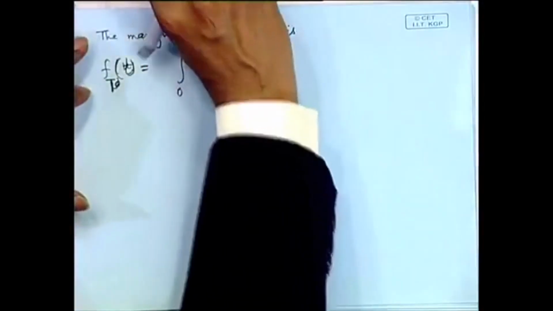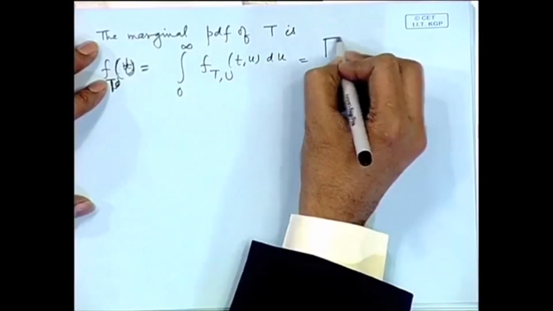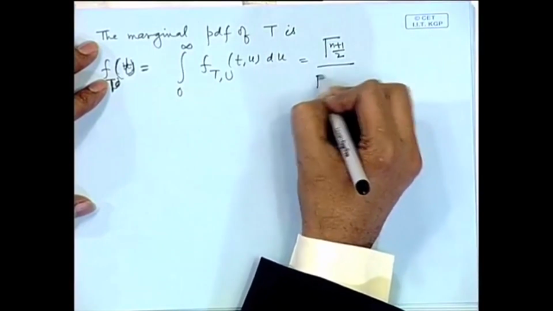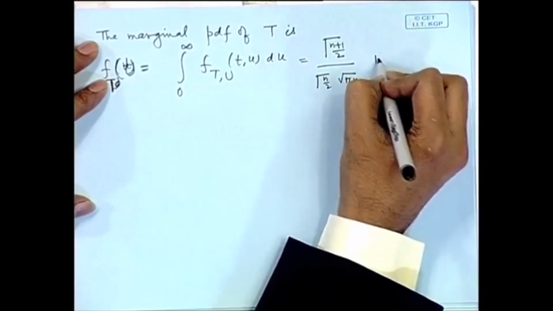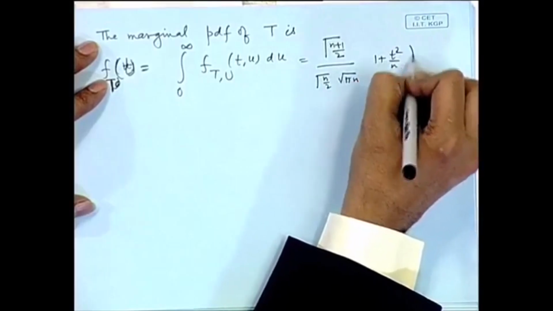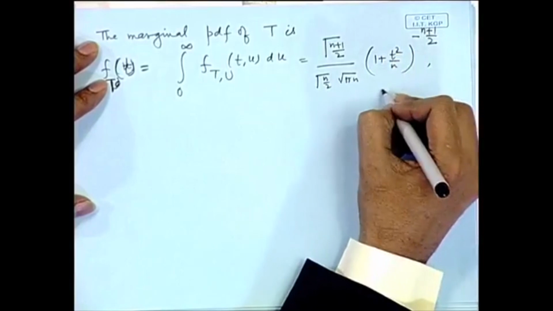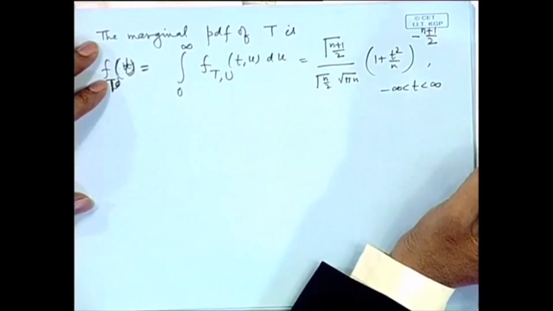So, we are left with this density as gamma (n plus 1) by 2 divided by gamma n by 2, root pi n, 1 plus t square by n to the power minus (n plus 1) by 2, and the range of the variable is from minus infinity to infinity.